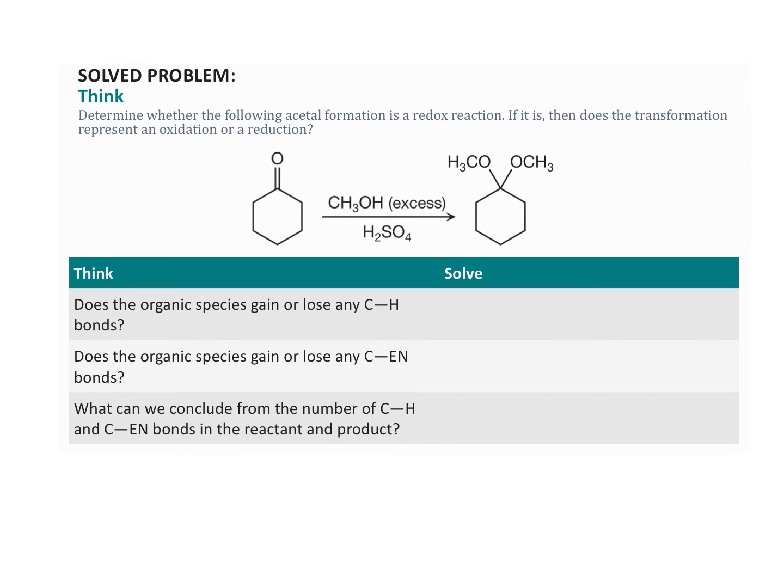All the carbon-hydrogen bonds that are part of the cyclohexanone are going to remain intact, and all of the carbon-hydrogen bonds in the CH3OH also remain intact. So the reaction does not change any carbon-hydrogen bonds.